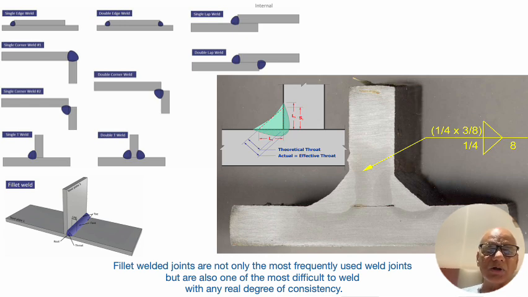But what is important, where the actual load of the fillet is going to be taken, is the cross section of this weld. This is called the throat, the theoretical throat, and the actual effective throat, because of the penetration or reinforcement or concavity.